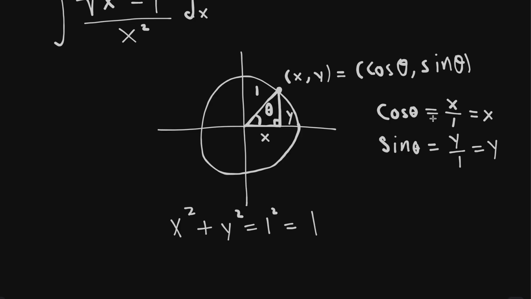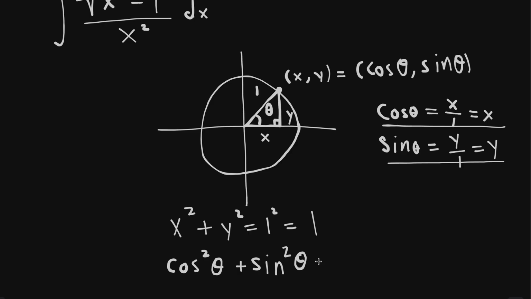We already know that x is equal to cosine of theta and y is equal to sine of theta. So we can plug those in, and we get cosine squared of theta plus sine squared of theta is equal to 1.